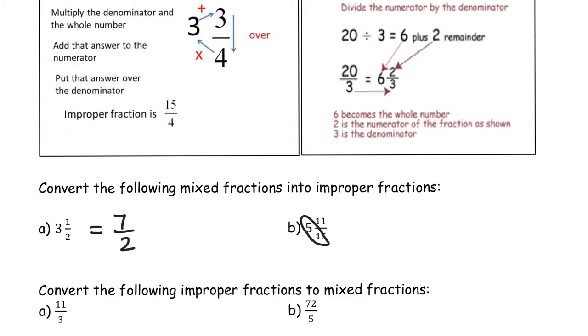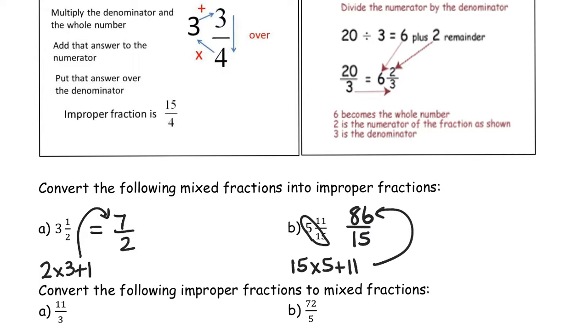So 15 times 5 is 75, plus 11. 75 plus 11 is 86/15. Okay, so just to refresh, I went 2 times 3 plus 1 to give me my 7. Here I went 15 times 5 plus 11, and that gave me my 86.